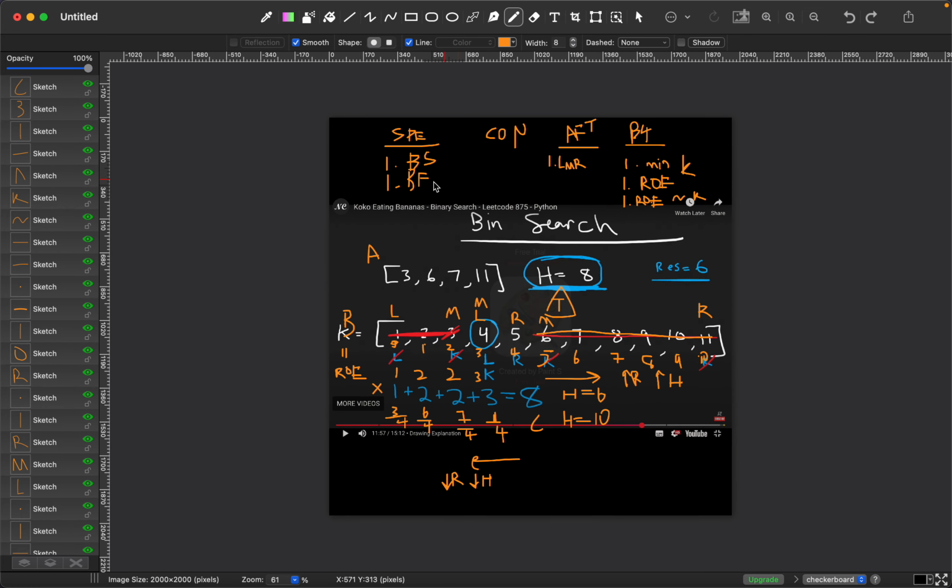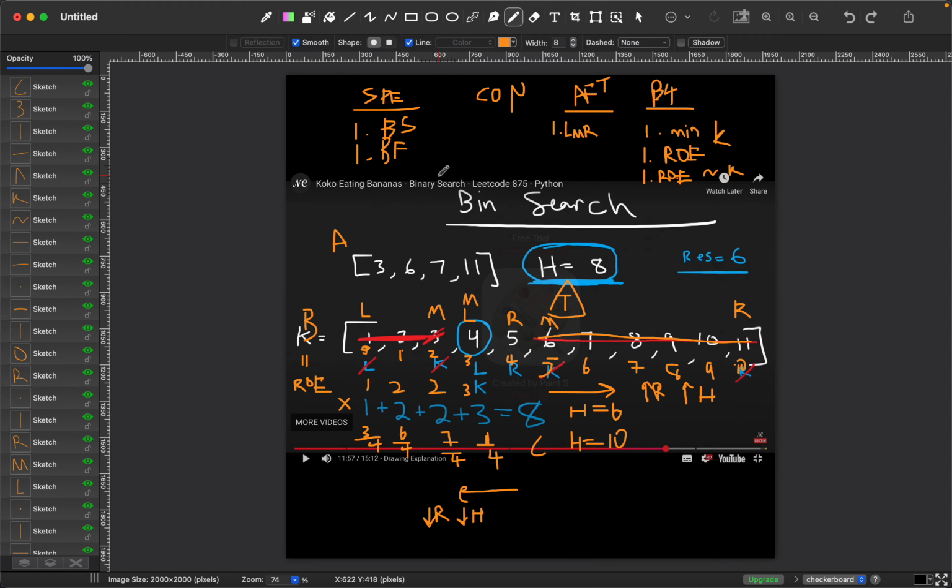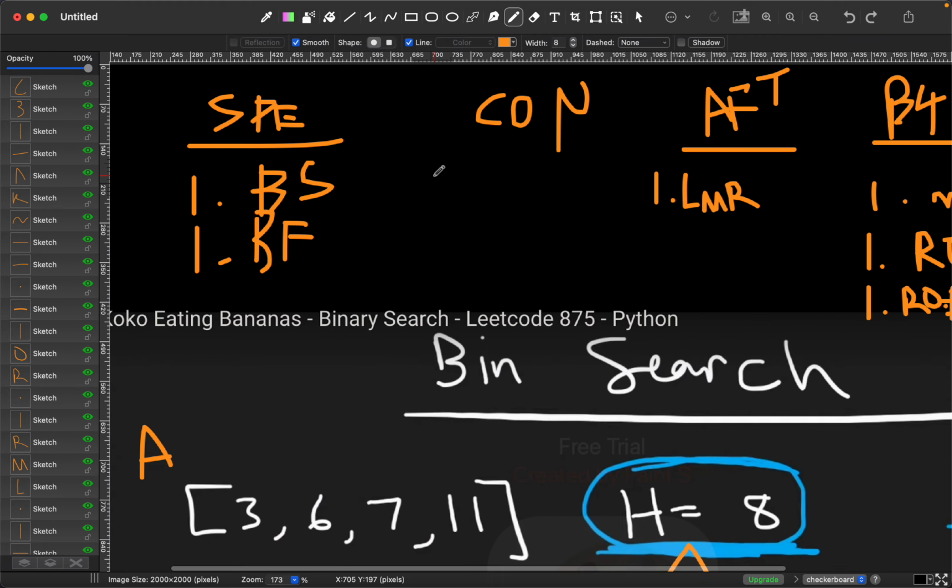And when we talk about binary search, obviously we'll talk about brute force, right? You can go one by one. Obviously, but binary search always has something up its sleeve. That means the time complexity is always cut down by half.